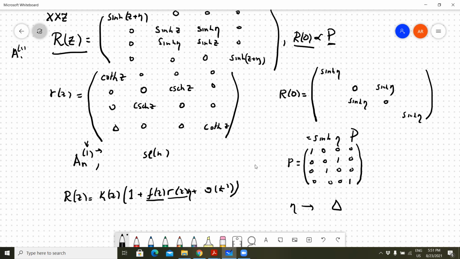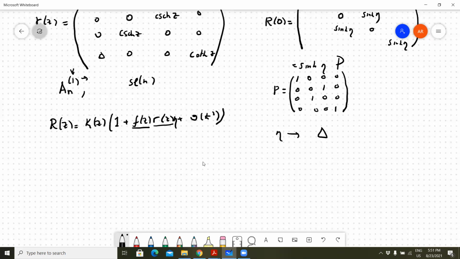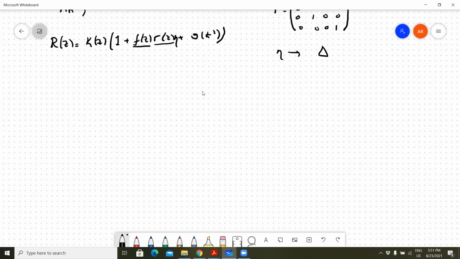Okay, some other property that this R matrix has that will be useful for us when we are proving that the generating functions of the charges commute is that we have unitarity.